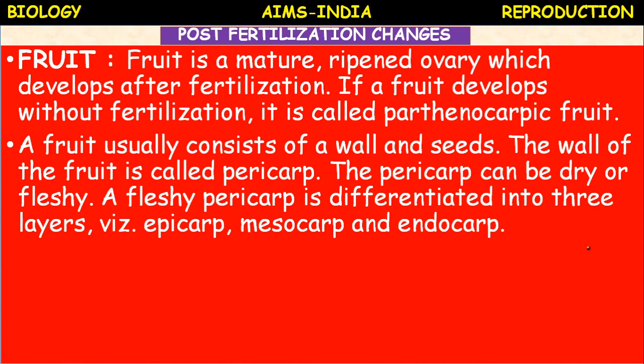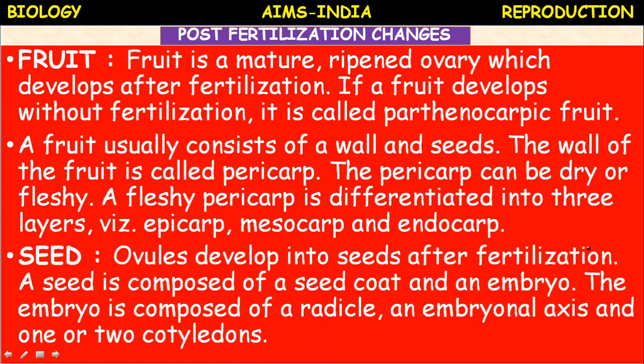The pericarp can be dry or fleshy. A fleshy pericarp is differentiated into 3 layers, that is epicarp, mesocarp, endocarp. Fruit is covered by means of a layer called pericarp. That pericarp may be dry or fleshy. If it is fleshy, it is again divided into 3 parts. What are they? Epicarp, endocarp, and mesocarp.